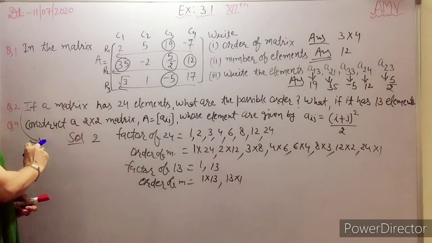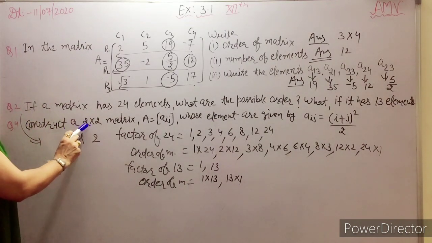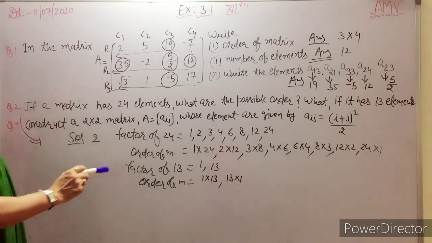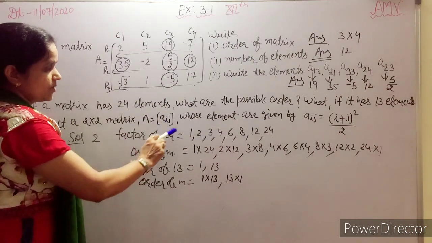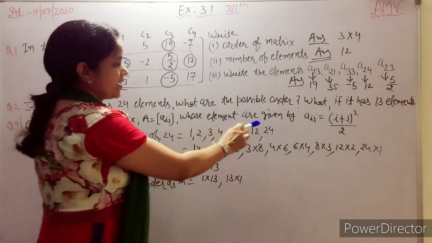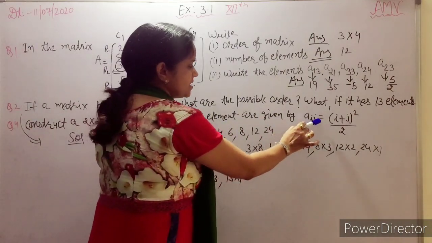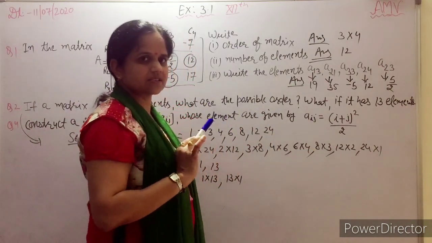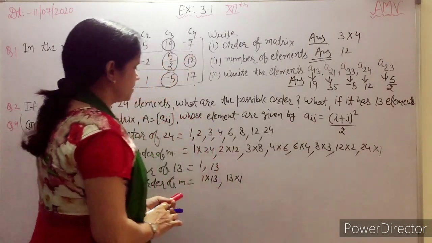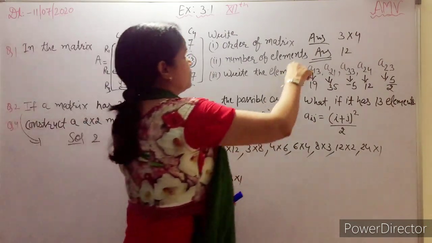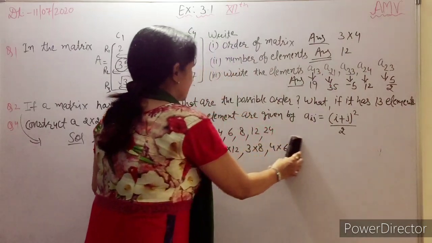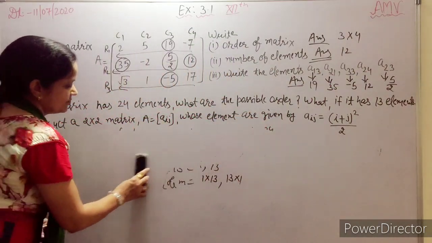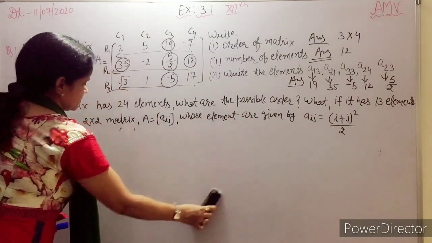Next is, construct a 2 by 2 matrix A equal to [Aij], whose elements are given by Aij equal to (i plus j) whole square by 2. Okay, so for this question, students, we find the values of the elements.